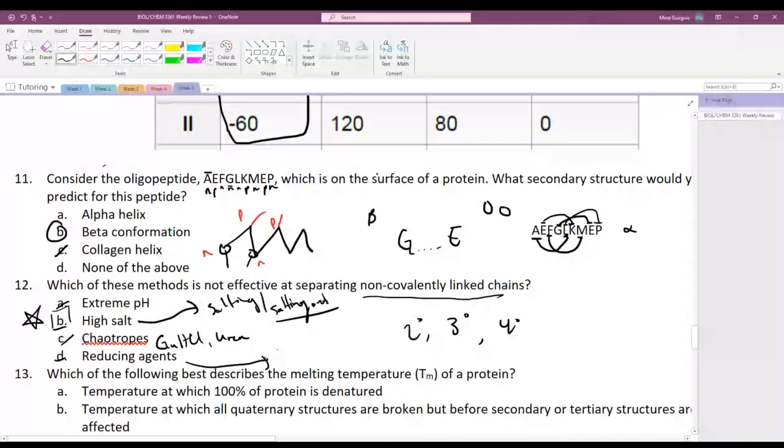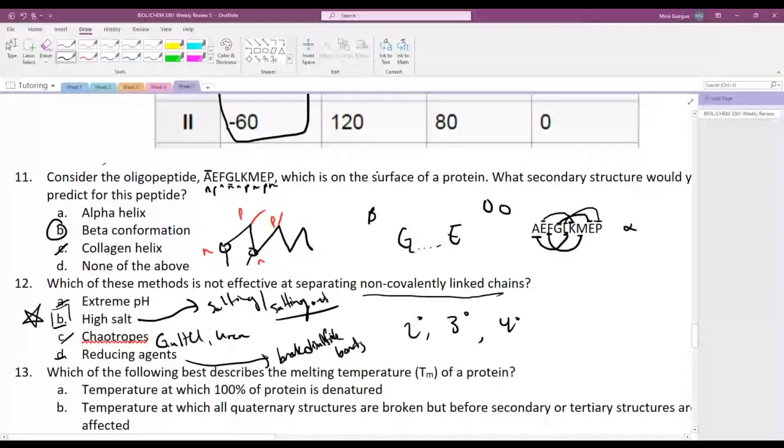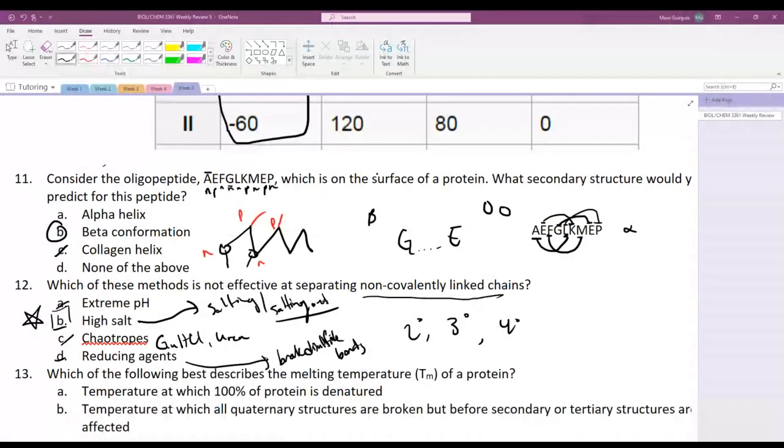So, break disulfide bonds. And as we discussed, I believe it was last week, disulfide bonds, as much as I hate saying this, count as primary structure. It's not something that I'm very happy saying because I don't think it makes a ton of sense, but it is the truth.